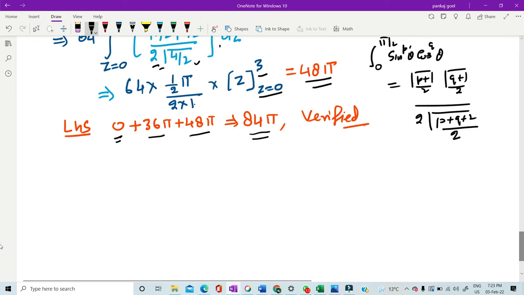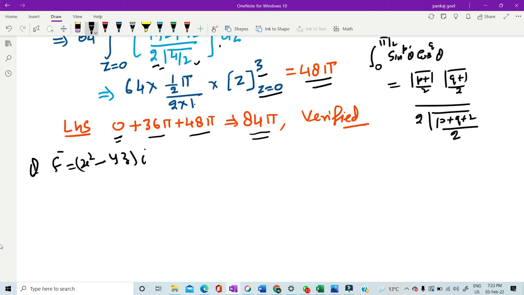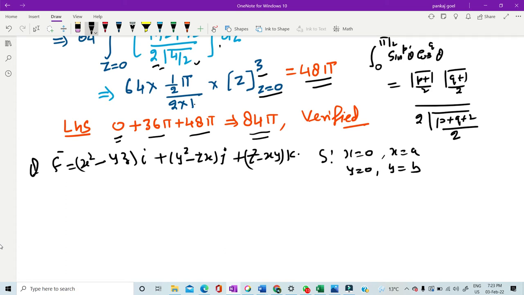Let us suppose F is equal to (x square minus yz) i plus (y square minus zx) j plus (z square minus xy) k, and S is the surface x equal to 0, x equal to a, this is a cuboid, y equal to 0, y equal to b, and z equal to 0, z equal to c, a cuboid.